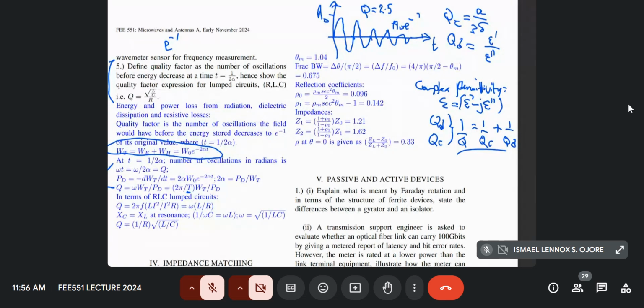This one you can see Q, we said, QC, QD, and Q is QC plus QD.